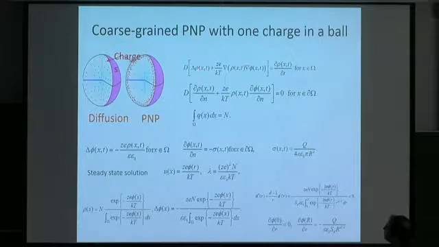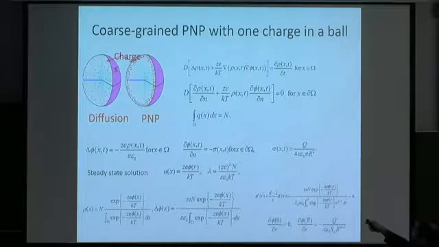So suppose you have an electric field and one type of charge, only plus. Then you have to rewrite the equation. Instead of having the diffusion, this is classical PNP. The Fokker-Planck equation has diffusion plus drift, and this is the zero flux. No ions can go out, and you have total conservation of the particles.